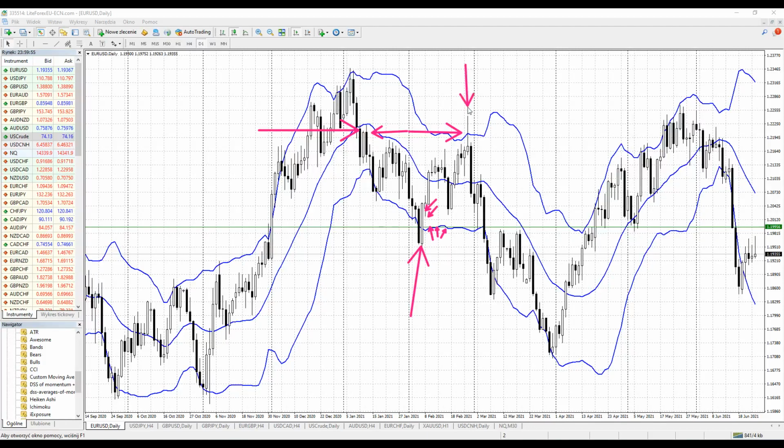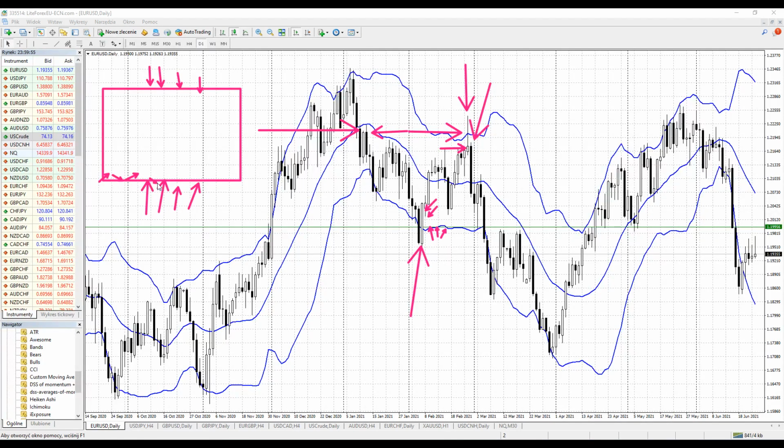Now, there was a rejection day, all right? So immediately the next day, I would look for possible price action to the downside based on the top Bollinger Band. So in other words, trying to visualize, I would look for something like this on the smaller time frame. Let's say that's the bottom and that's the top of the Bollinger Band.